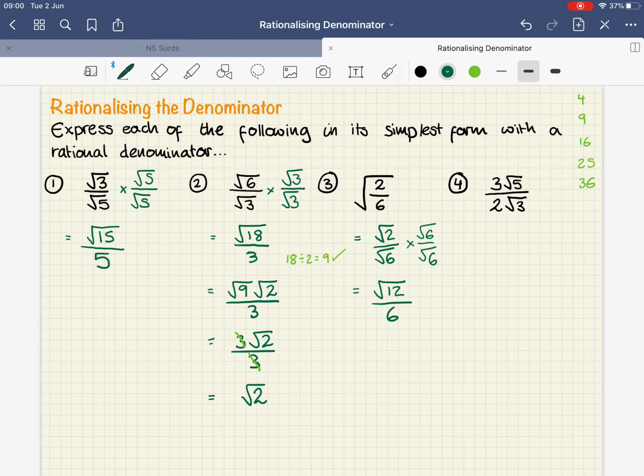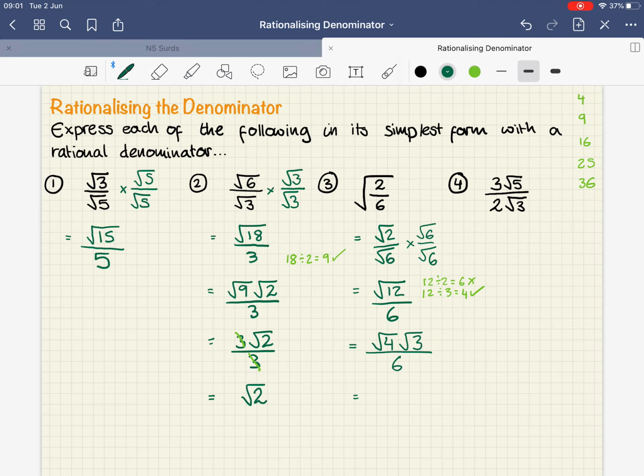And again, that root 12 I can simplify, because if I work my way through, 12 divided by 2 is 6. That doesn't work. 12 divided by 3 is 4. That does work. And so that's now going to be root 4 root 3, because 4 times 3 gives me 12.